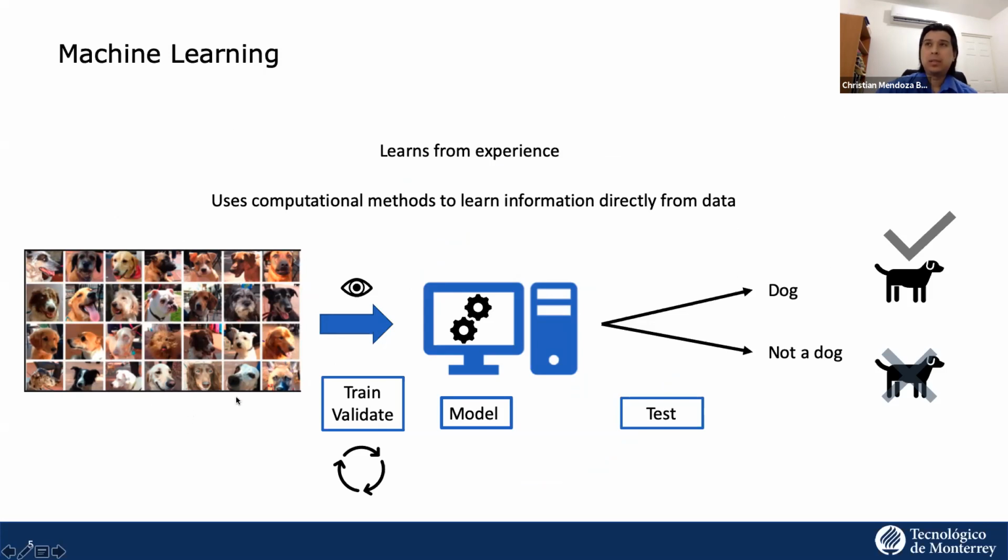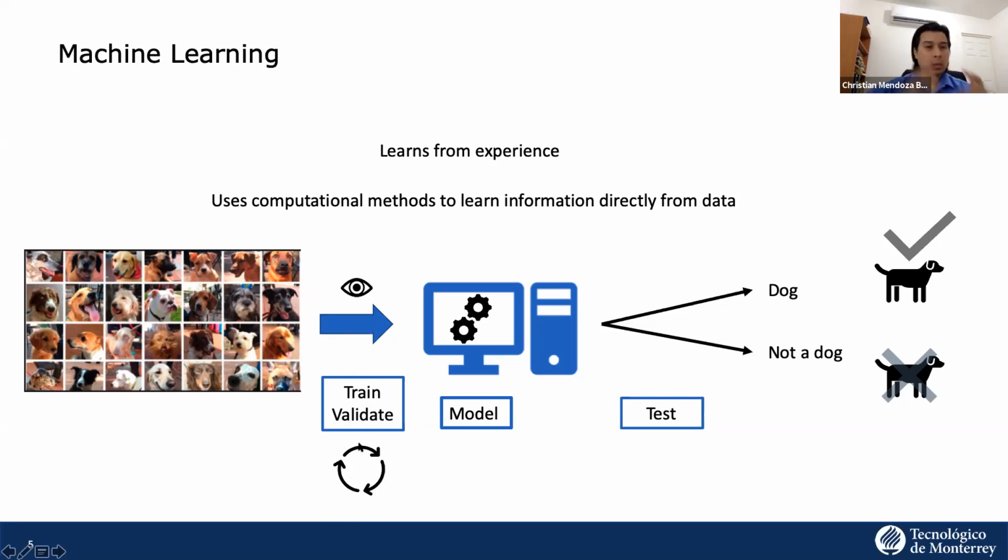Now, the next thing to do is to split this data set into different portions, and then I'll start to train the computer model to recognize the dogs in the images, and then I will validate that with another portion of the data.